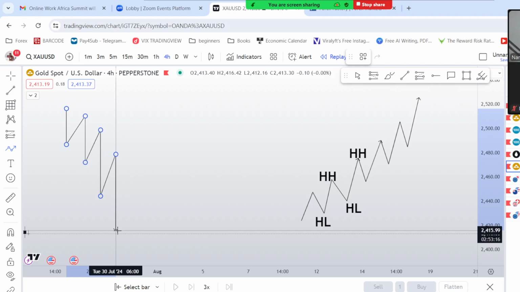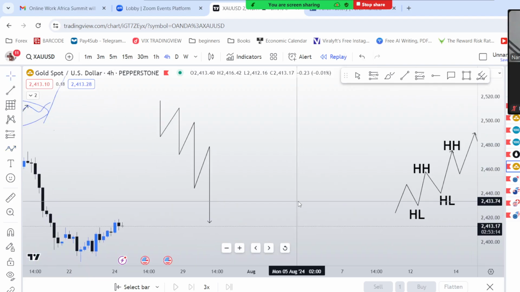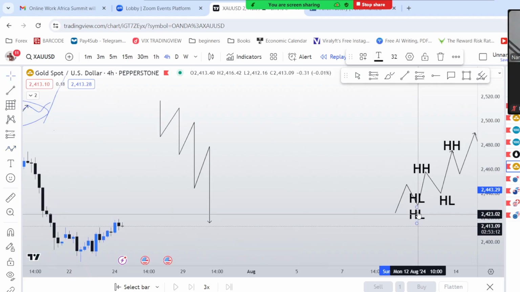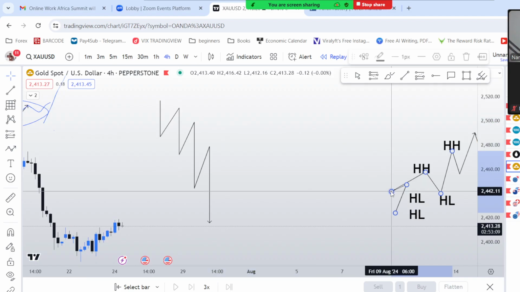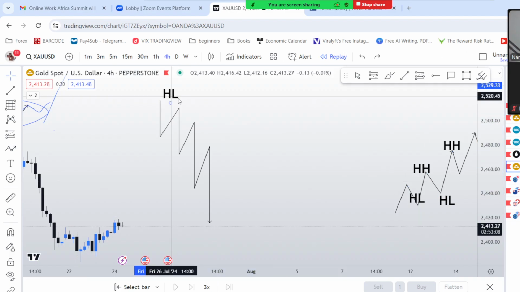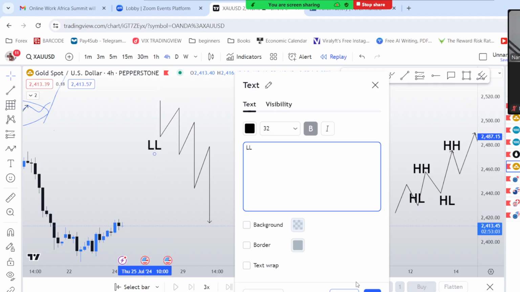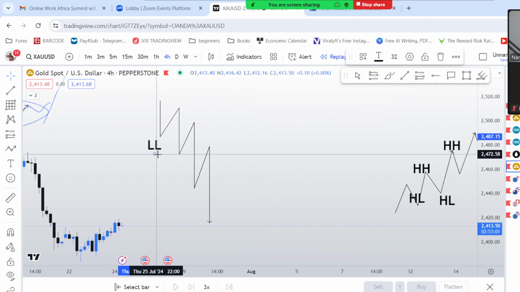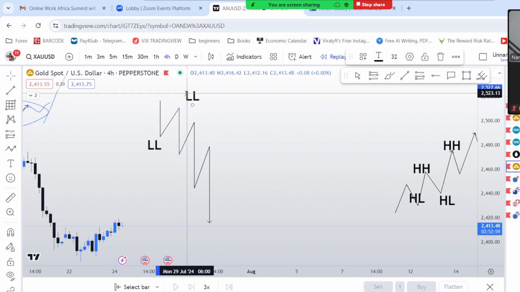With a downtrend, you can see price forming a series of lower highs and lower lows. So we have LL representing lower lows, and LH representing lower highs.